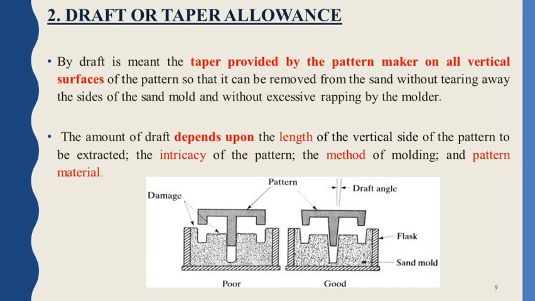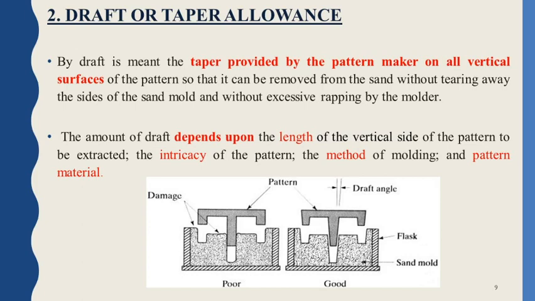So a small gradually varying cross section, or small tapering, or a small draft at a smaller angle is given over the pattern within a tolerable limit. This particular allowance is called the taper allowance. Because of the taper allowance, we can easily remove the pattern out of the mold cavity, and thereby avoid breakage of the mold cavity, which would increase its cross section.